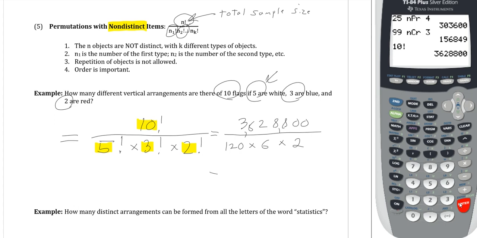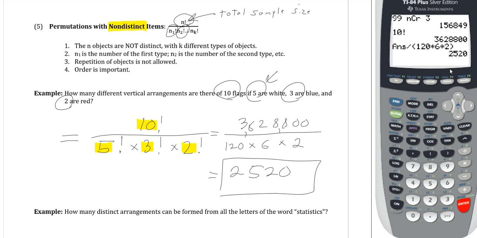Therefore, I can solve this by taking that number and dividing by the numbers on the bottom, so dividing by 120 times 6 times 2. Note that I put those in parentheses because I just wanted to do it now instead of separately doing 120 times 6 times 2 and then dividing those two values. What we get is a final answer of 2,520 ways of ordering these 10 flags.